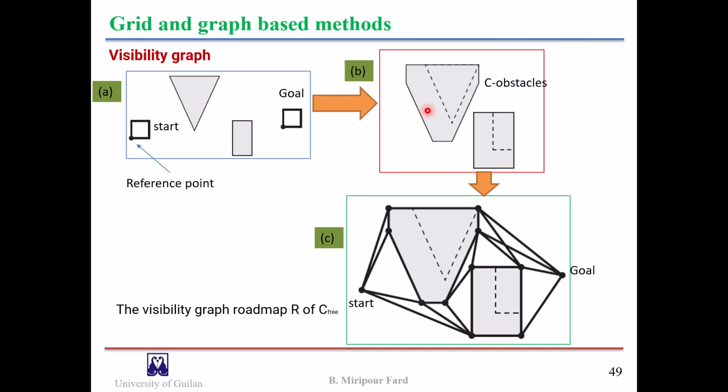In figure B, you can see the grown C obstacles and you see the C-free, the free space. The full visibility graph of this example is shown in figure C, and this graph consists of nodes at the start and the goal configurations.